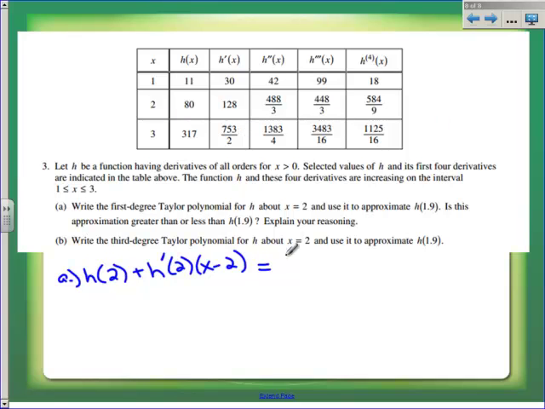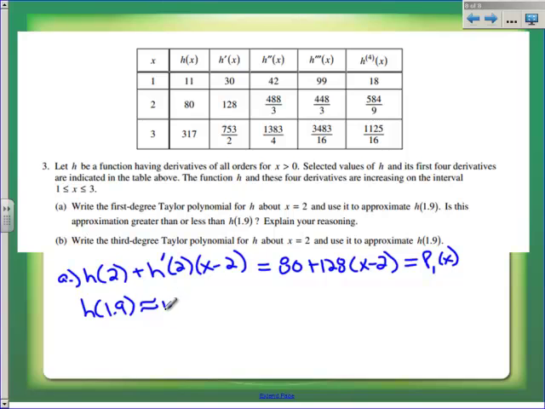So we can just pull all this information from the table. H of 2 is 80. H prime of 2 was 128 times x minus 2. So that is the first degree Taylor polynomial. And now we're going to approximate h of 1.9. Notice there's no way I could find h of 1.9 because I don't know the function for h. But I could approximate it with this Taylor polynomial.